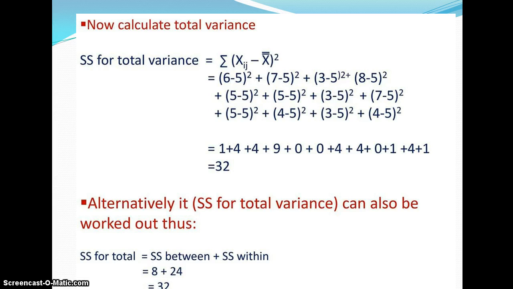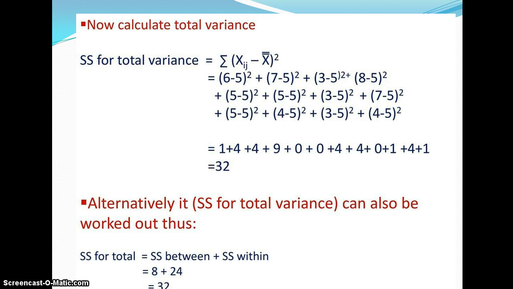By using this formula of SS for the total variance, we get the value of SS for total variance is 32.